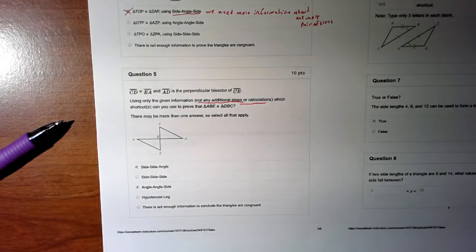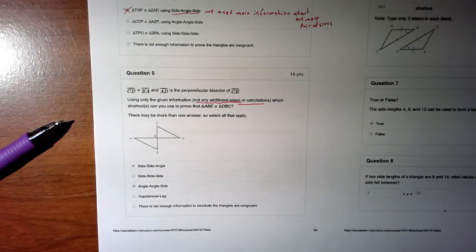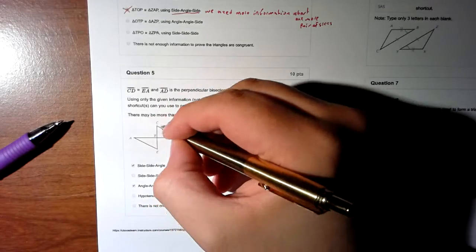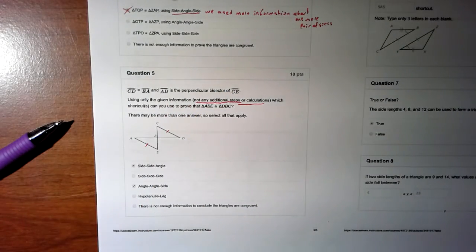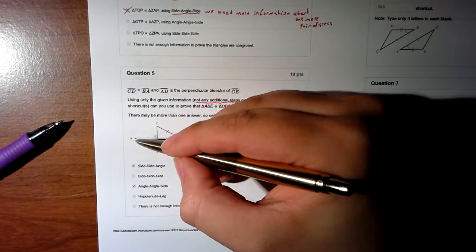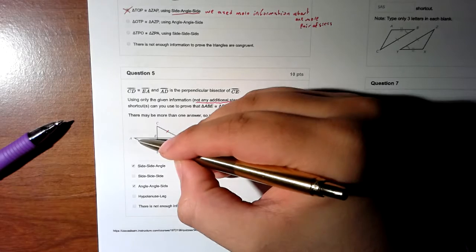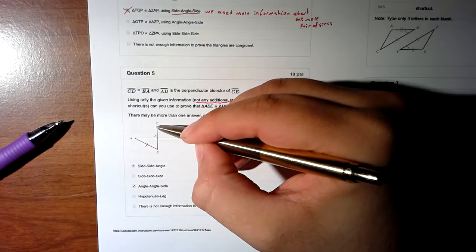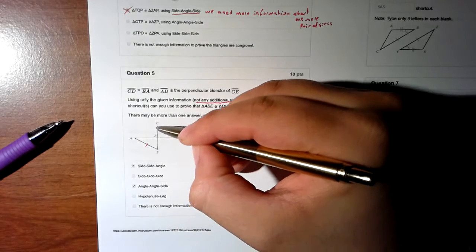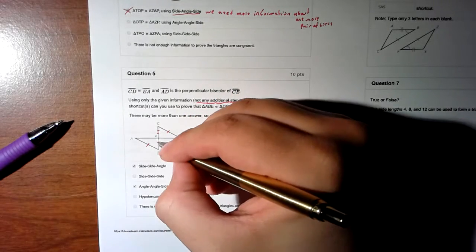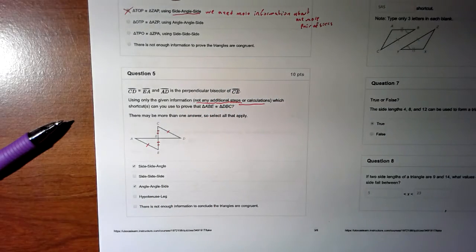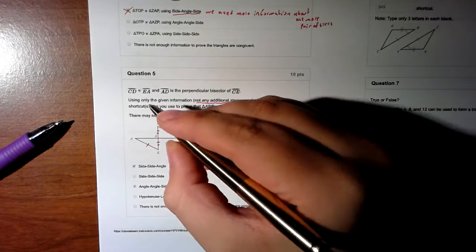So just directly from the given information, we know that CD is congruent to EA, which is over there. And if AD is the perpendicular bisector of CE, then that tells us that CB is congruent to BE, and we get 2 pieces of information.